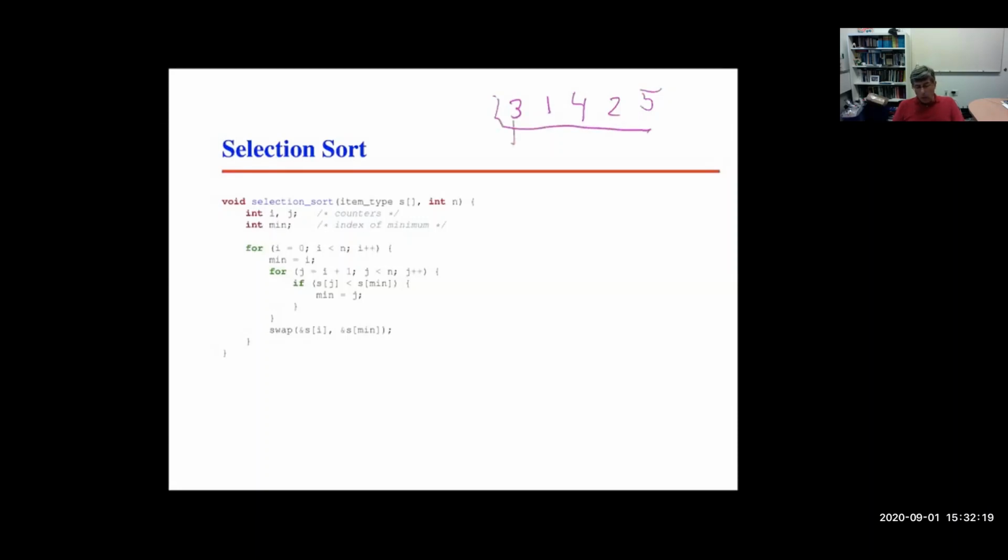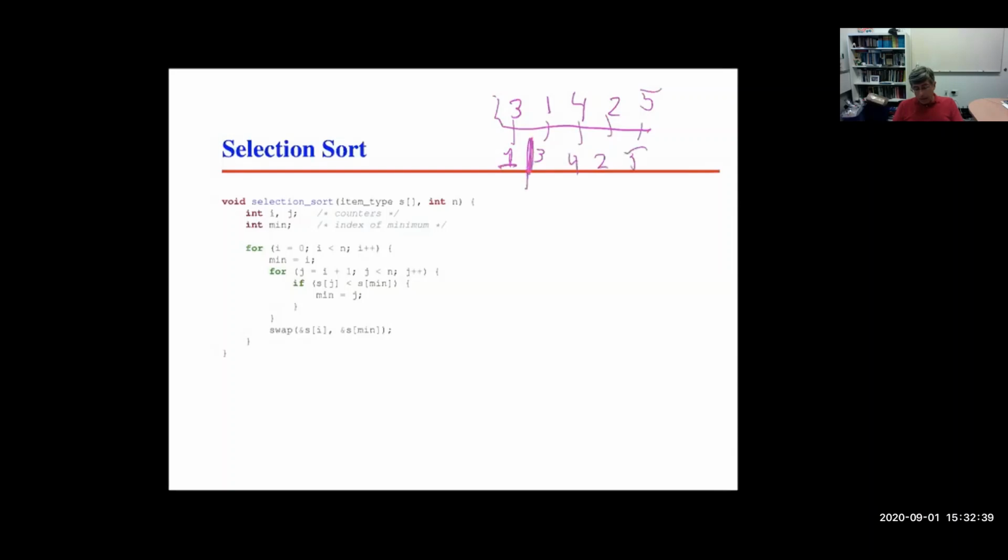It goes through all the elements and finds which one is the minimum element. In this case it's 1. Then it does a swap so that the minimum element becomes first.